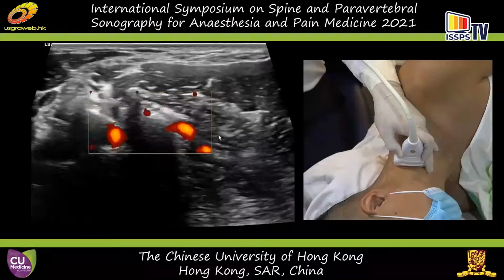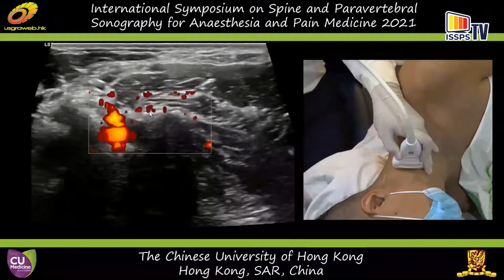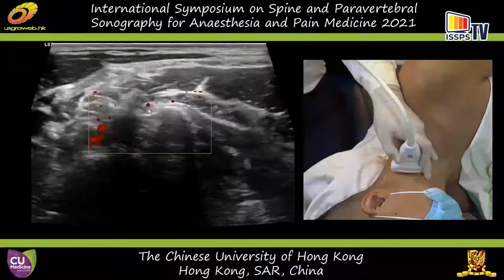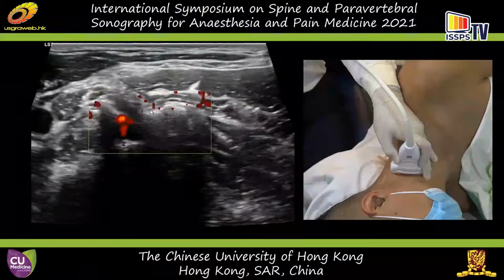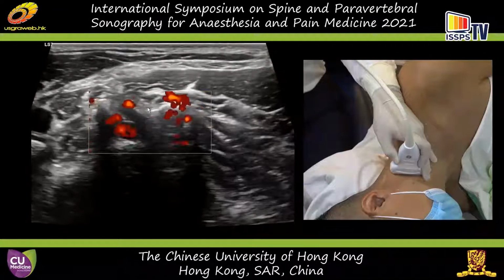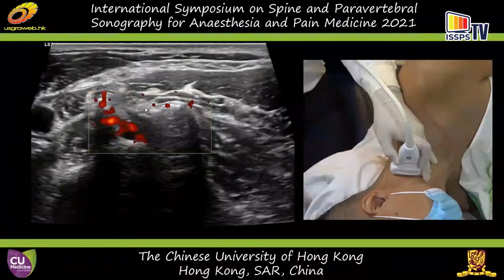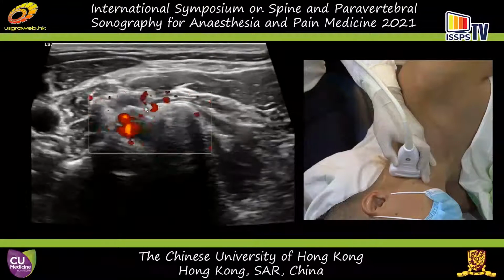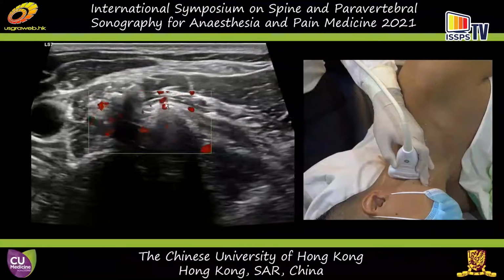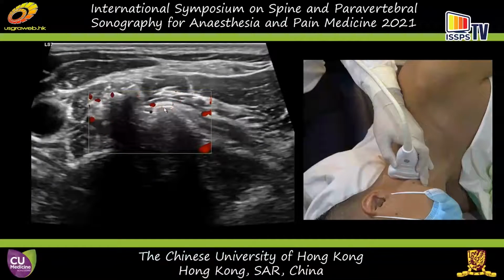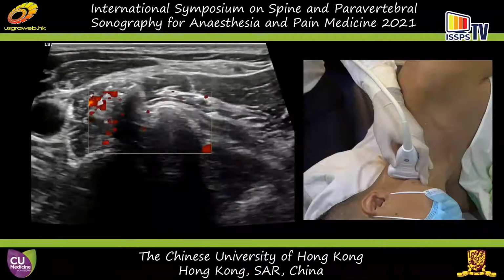So this is one posterior tubercle, another posterior tubercle, and sometimes you can see another artery right here, which is the ascending cervical artery on the posterior part of that posterior tubercle, but anterior to the facet joint, which is not very well shown here.